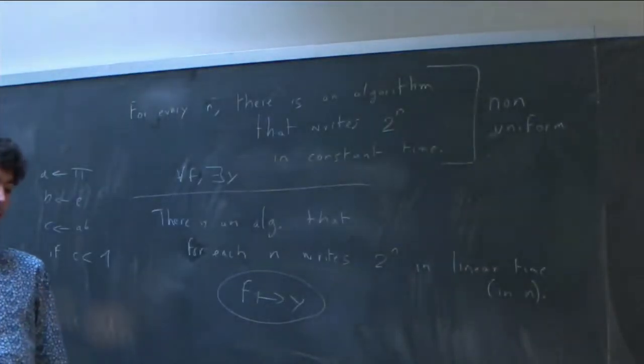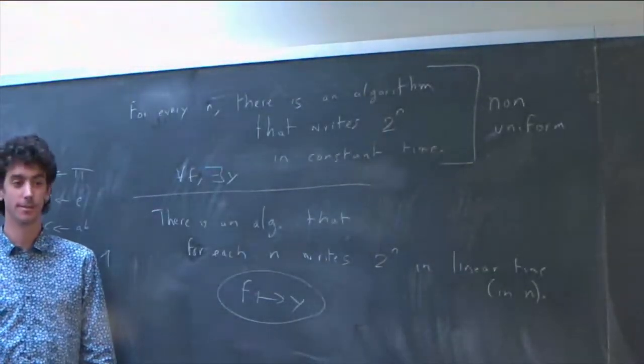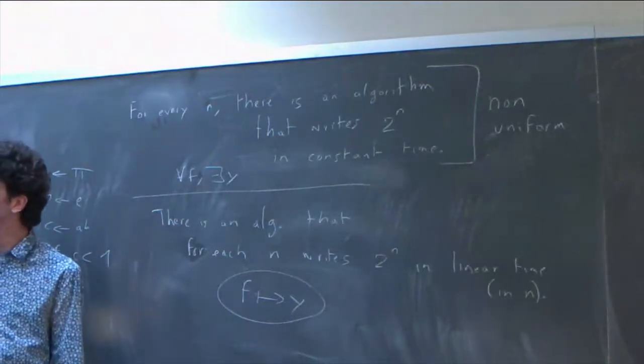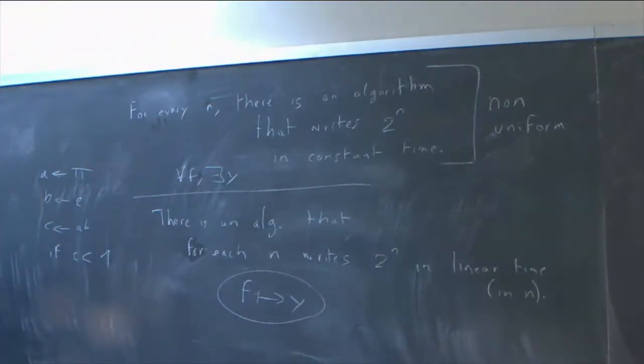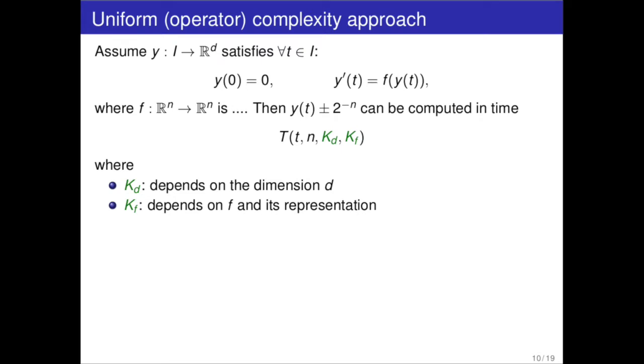And so fortunately, recently, some people have finally studied this: the uniform, also called operator complexity. Now we have to write complexity bounds, but they have to take into account, first of all, the dimension of the problem, and f, and its representation. So here, we really care about how we represent f, for example.